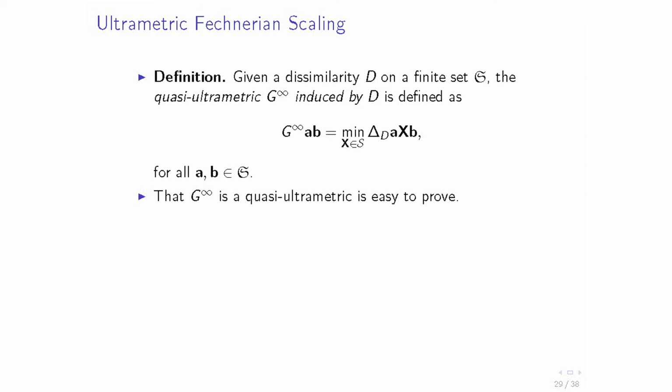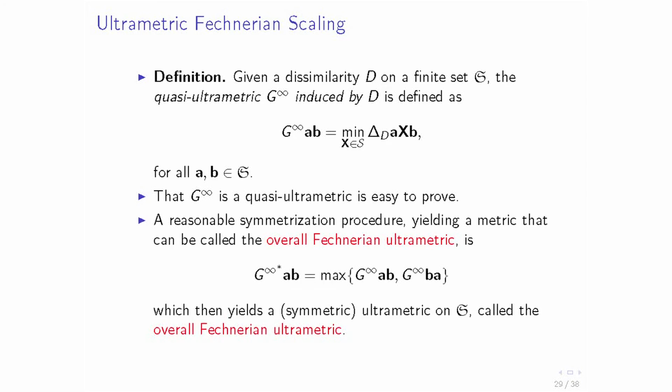And then again we can define a symmetrization procedure, which in this case would be a sensible way to do it, to take the maximum of AB and BA, to define as the symmetric ultrametric on the set, which we then call the overall Fechnerian ultrametric.